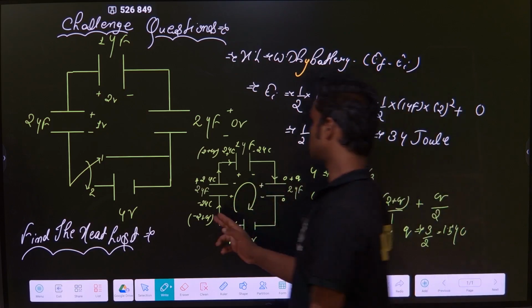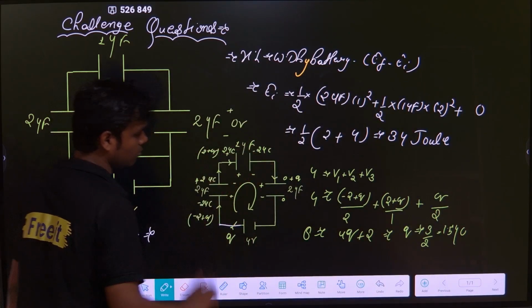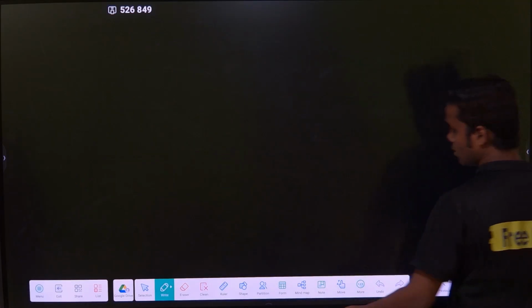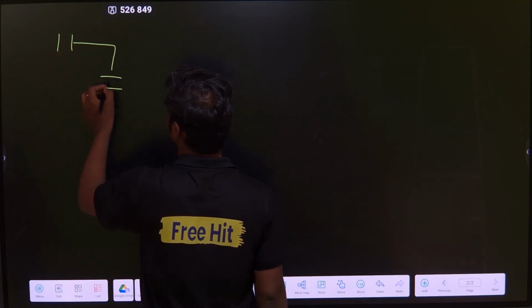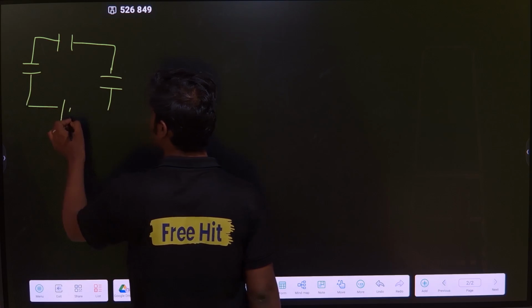So that is the amount of charge which has flown from the battery. So if you know how much charge has flown, now you can write everything else properly. You see, we know everything right now.